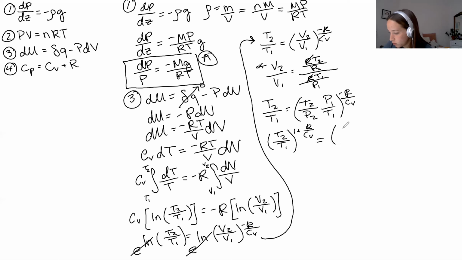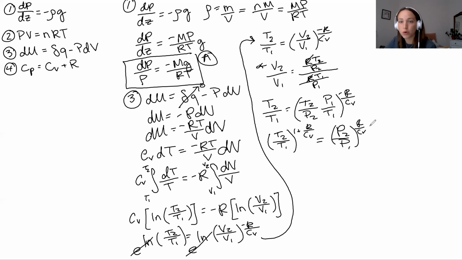And then on the right-hand side, we will also flip so that we have P2 over P1 to the R over CV, since that will just go to a positive.